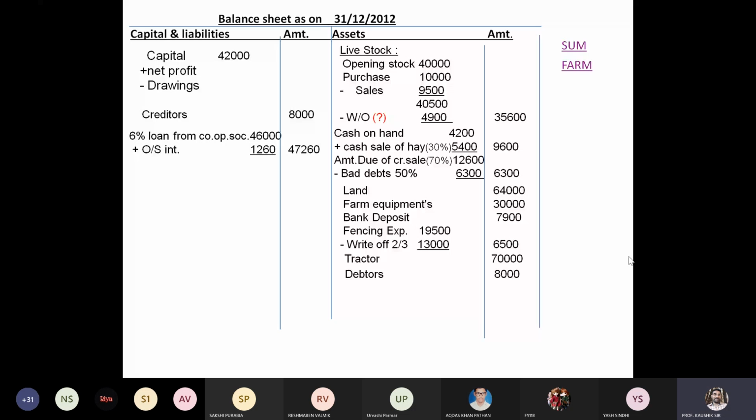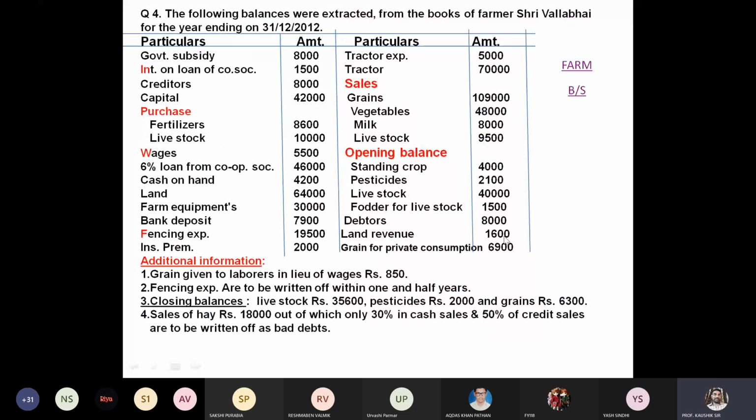Land and revenue as an expenditure. Land and revenue 1,600 as an expenditure debited to the farm account.